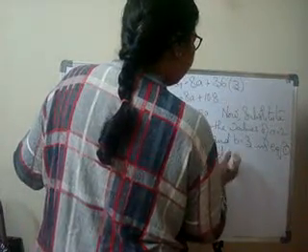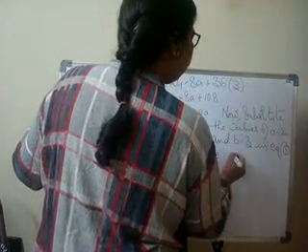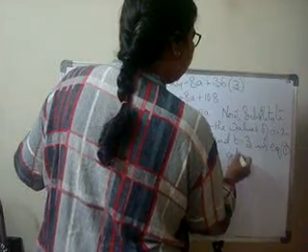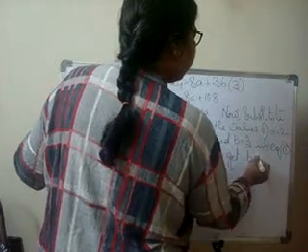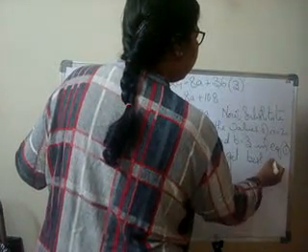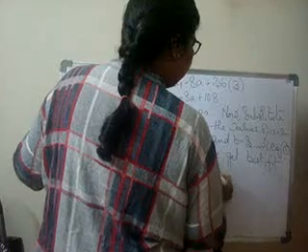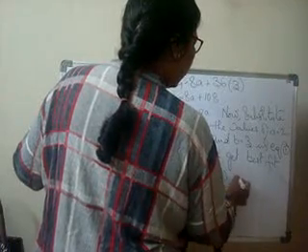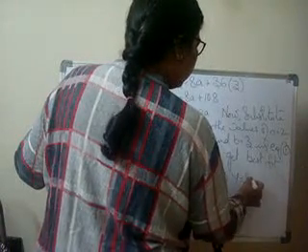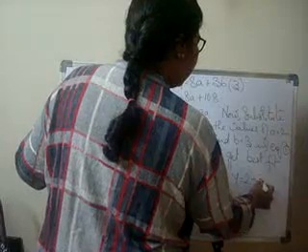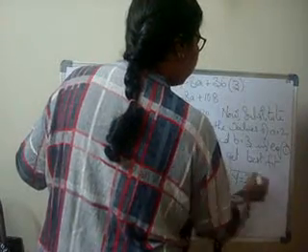We get the best fit. That is, y is equal to 2 plus 3x is the best fit.